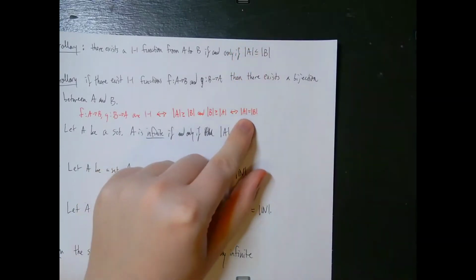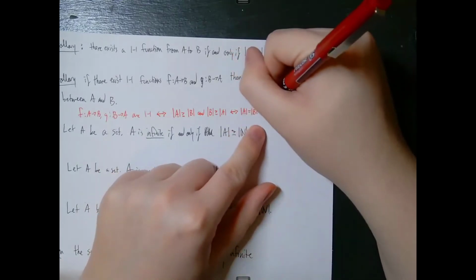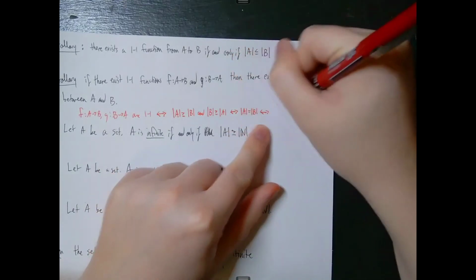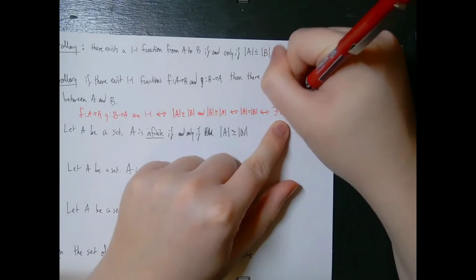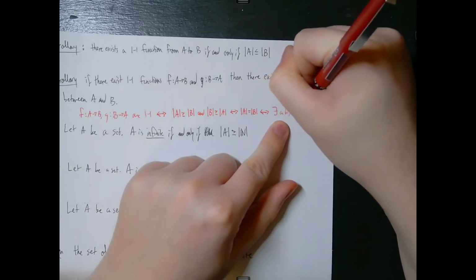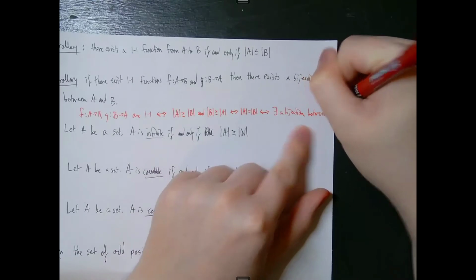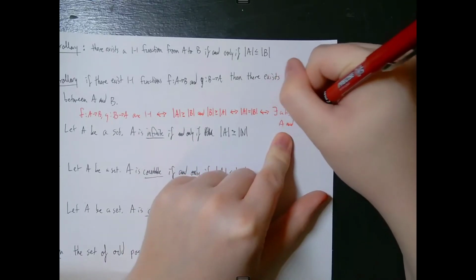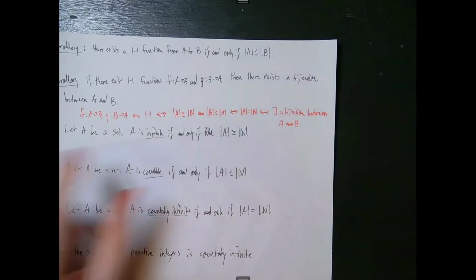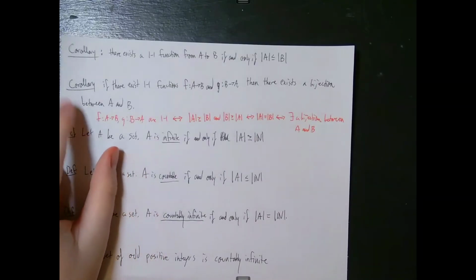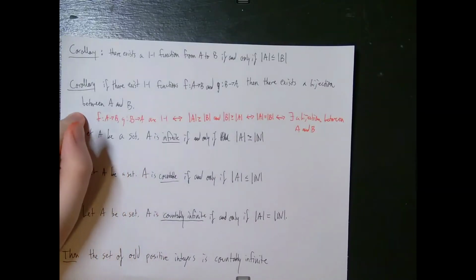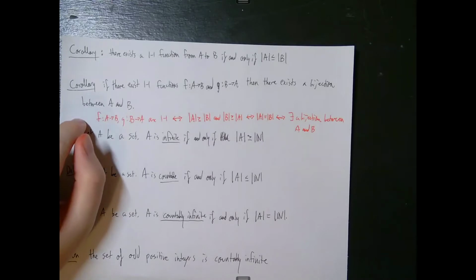And then by the previous theorem, this is true if and only if there exists a bijection between A and B. So that's basically the logic as to why this corollary is true. What this actually does is give us another way of saying that two sets have the same cardinality.